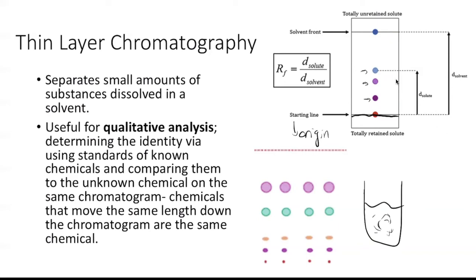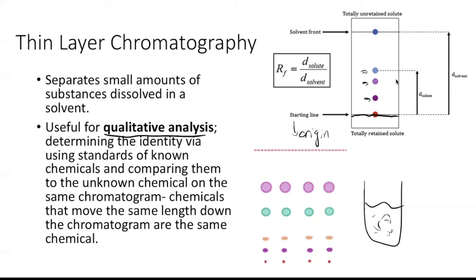We can use this more for qualitative analysis. Qualitative analysis basically means determining the identity of a molecule. For example, we might have an unknown sample, and we want to test whether this particular solution contains some particular compound.